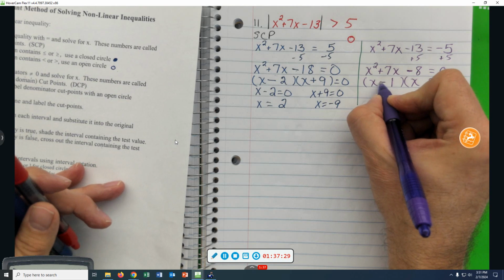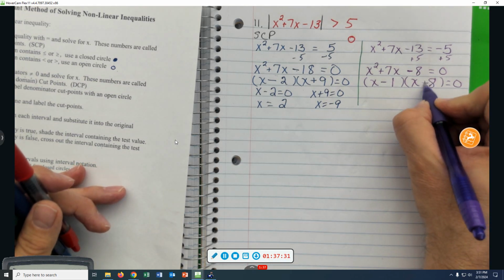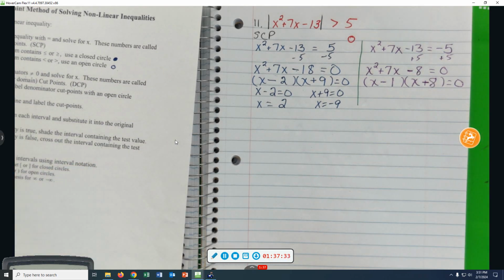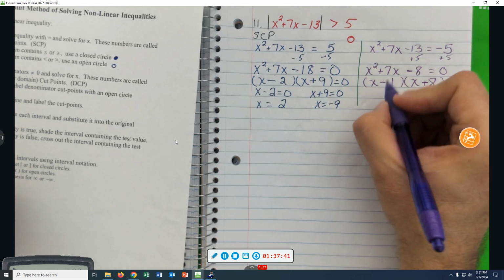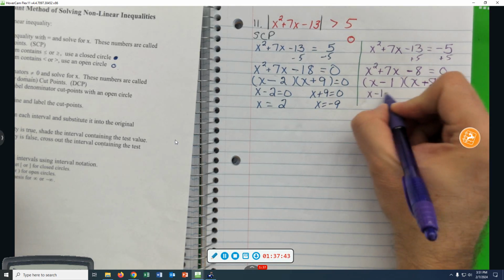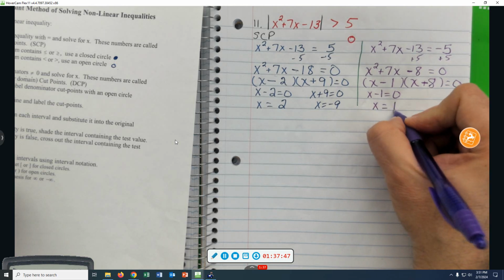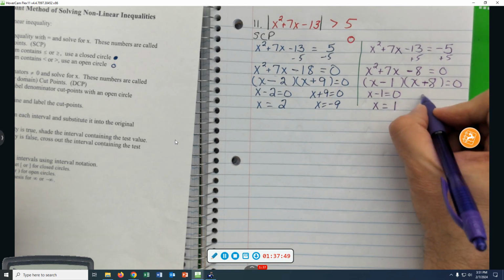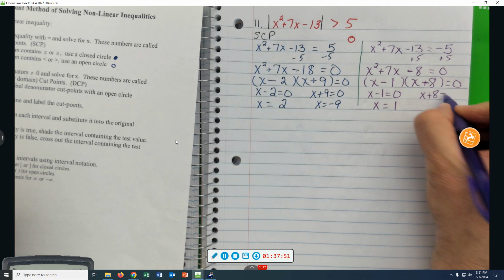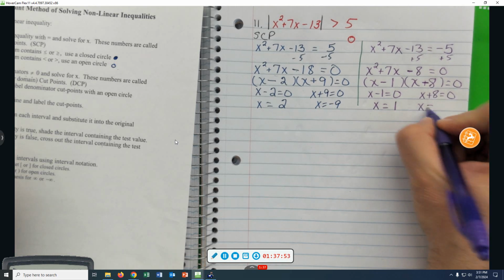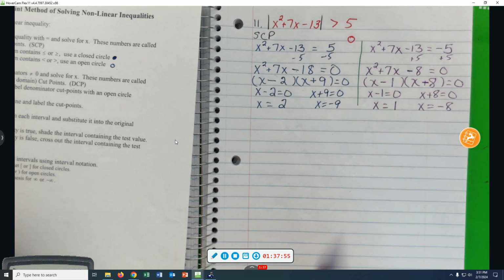Minus in the first one here, and a plus there. How many cut points are we going to have here? 4, okay. Setting each one of these to 0, we get x equals 1. And over here, x equals negative 8. So we have 4 cut points.